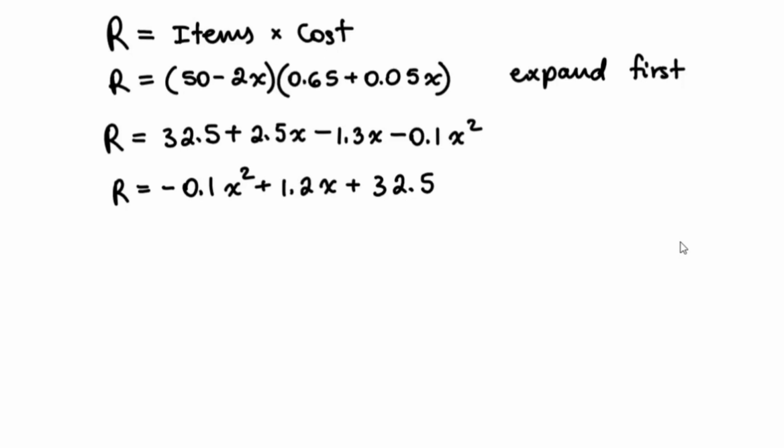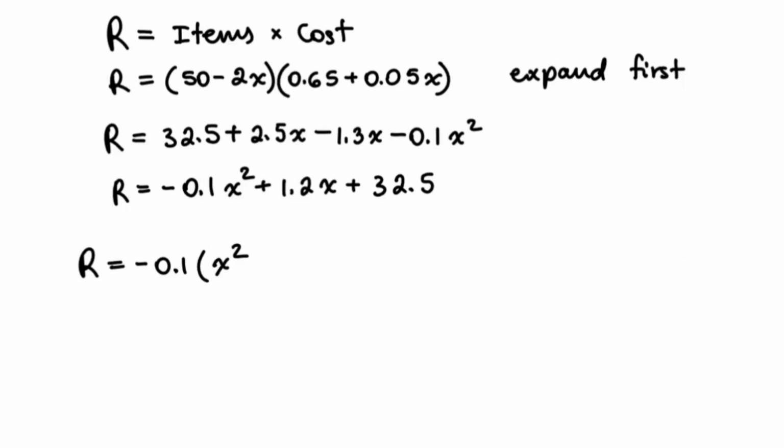Now, if I were to find the maximum revenue and the cost that produces it, I would need to convert this now into the vertex form, and I can try doing that by completing the square. R equals, common factor the negative 0.1 out of the first two terms, only the ones that contain the variables. The constant remains unchanged up until the end of the process.